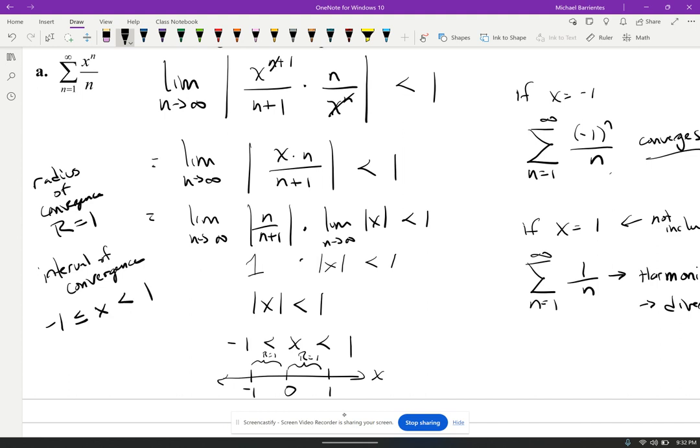That means any x value, including negative 1, but not including 1, and anything in between, will make this series converge. The radius just tells me the width of the interval where x values cause it to converge. The interval of convergence actually tells me which x values, including the endpoints, we've checked them, will converge.